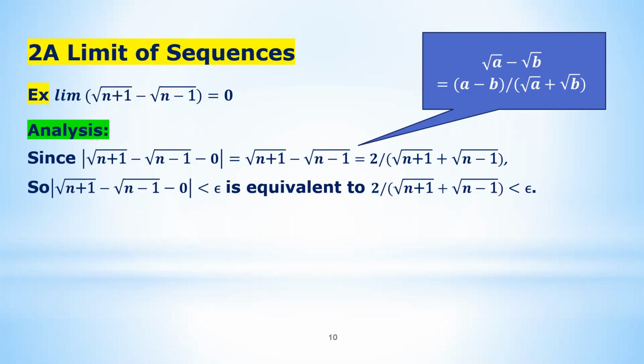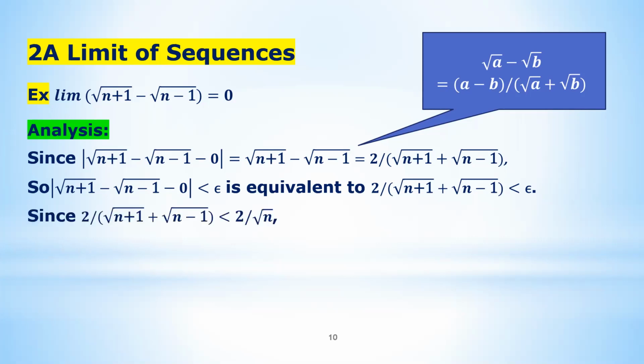So now we can work on this new inequality to find out what your k will be. However, solving this inequality is not easy because you have a double square root sign there. So in order to solve the inequality, you need to simplify it first.